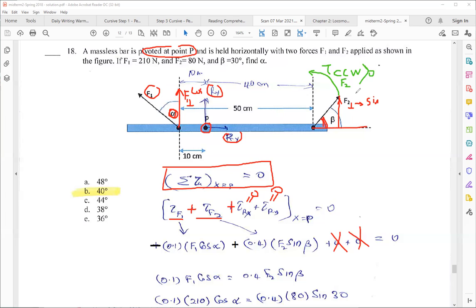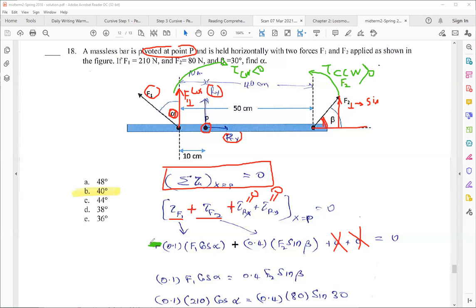This is positive torque. How about F1? F1 will want to rotate in a clockwise direction. So torque in the clockwise direction will be negative. This should be a negative sign at the beginning, not a positive.